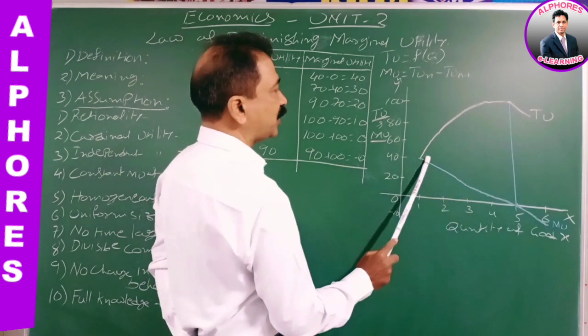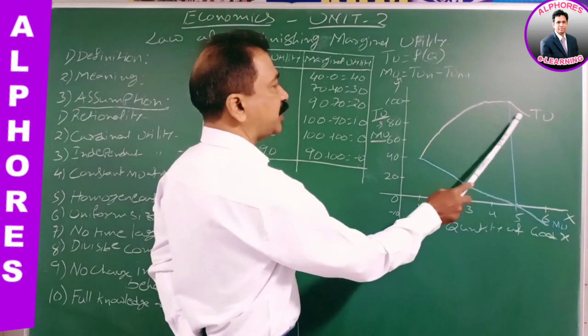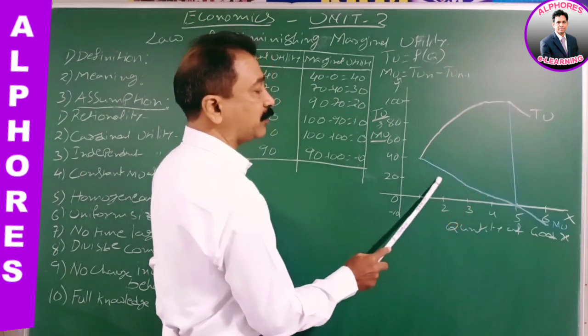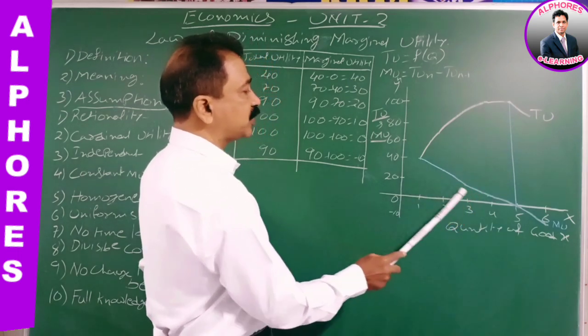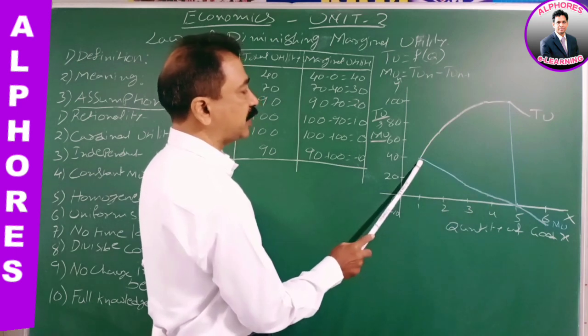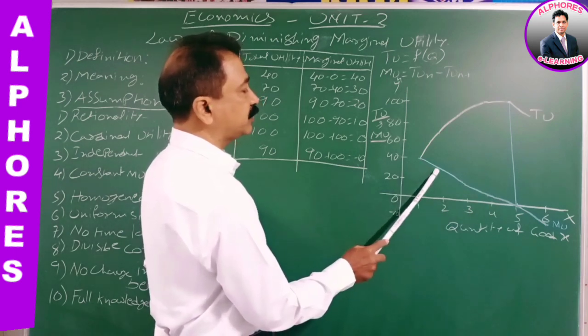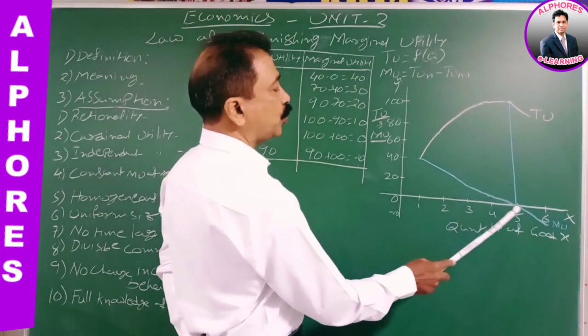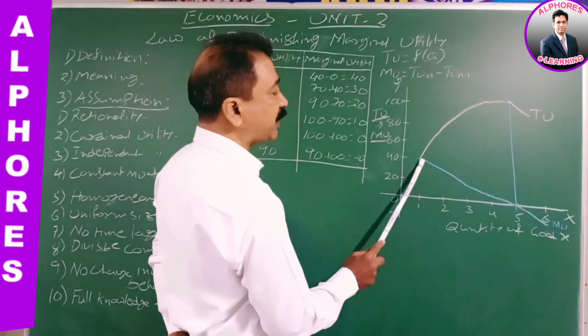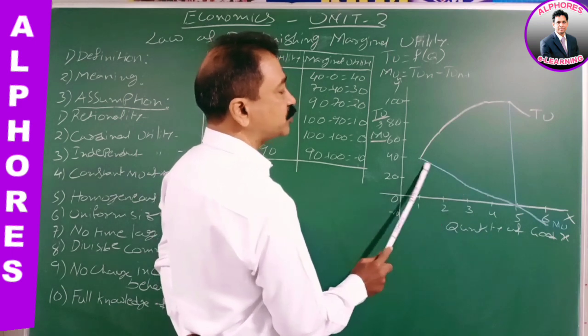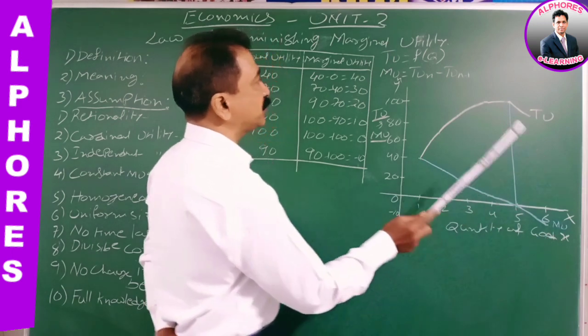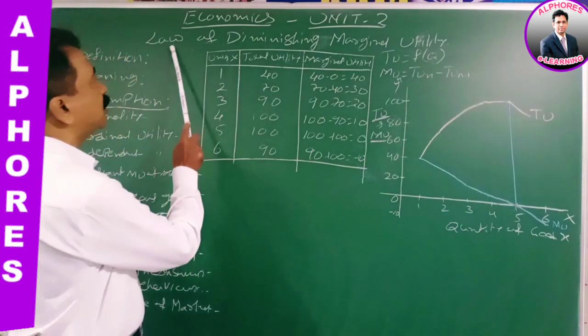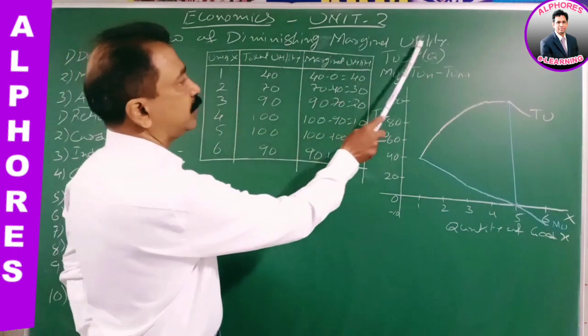So that's why total utility increased, became constant, and decreased. Marginal utility, on the contrary, all the time kept decreasing. First 40, 30, 20, 10 and 0 and minus 10. So all the time diminishing marginal utility is going on, diminishing or decreasing. That's why this law is called the law of diminishing marginal utility.